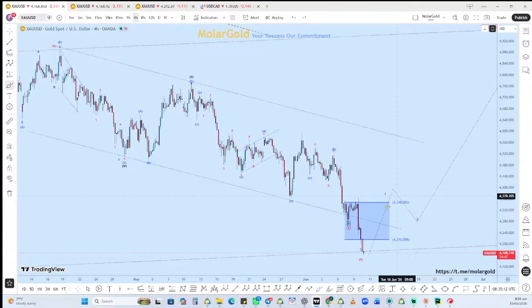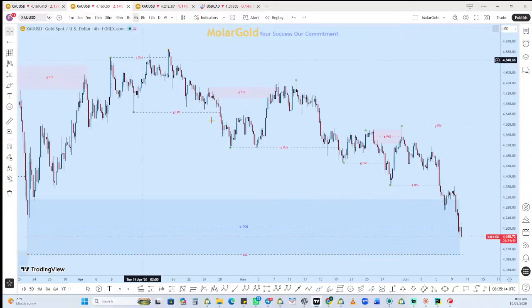The second point, I said, because we have not fully mitigated this, and I made it clear emphatically, we've mitigated it, which is fine. But we have not fully. Once price gets into the 50% area, then we have fully mitigated the zone. Then we'll start looking out for the actual buy trades.